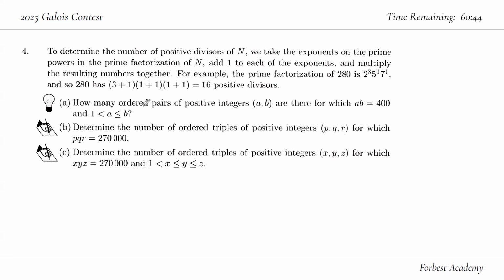How many ordered pairs of positive integers (a, b) are there for which a times b equals 400 and a is greater than 1 and less than or equal to b? Okay, so first we need to do the factor tree.